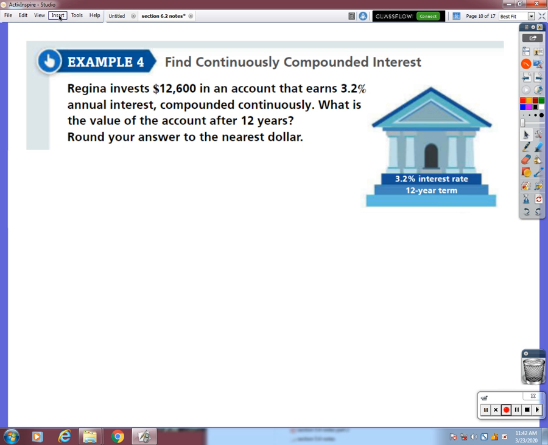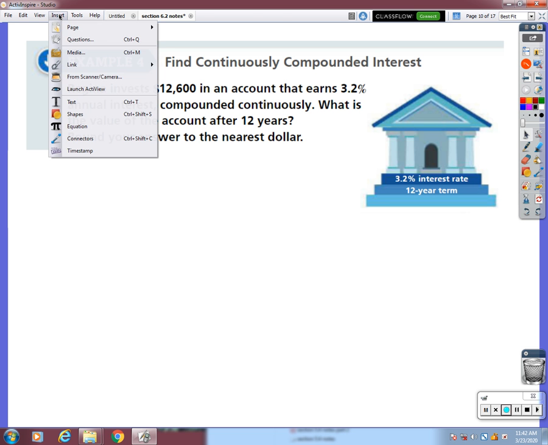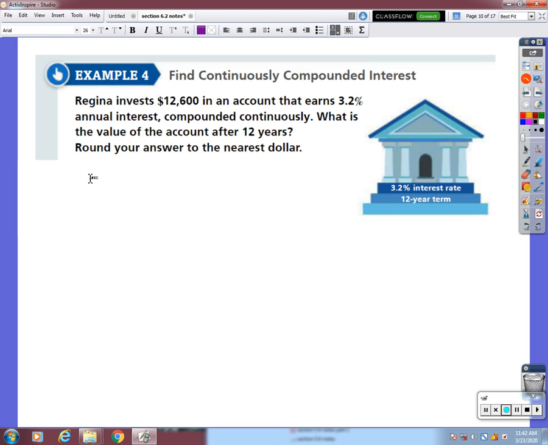Okay, so for this one it says Regina invests $12,600 in an account that earns 3.2% annual interest compounded continuously. So there's that key word that we're looking for. What is the value of the account after 12 years? And let's not mess with pennies, let's just focus on the dollars.